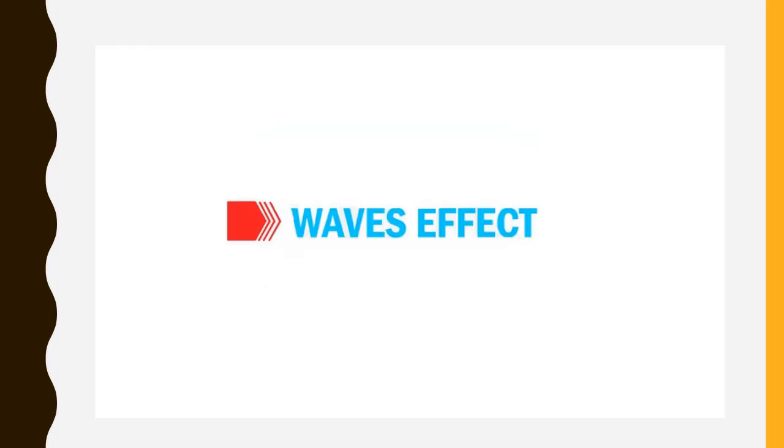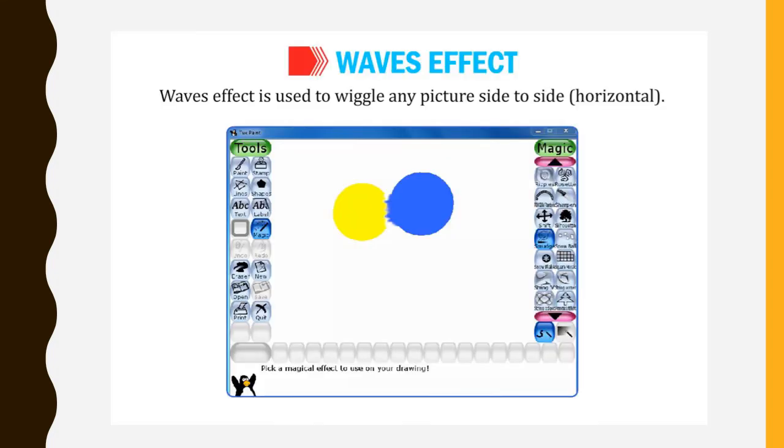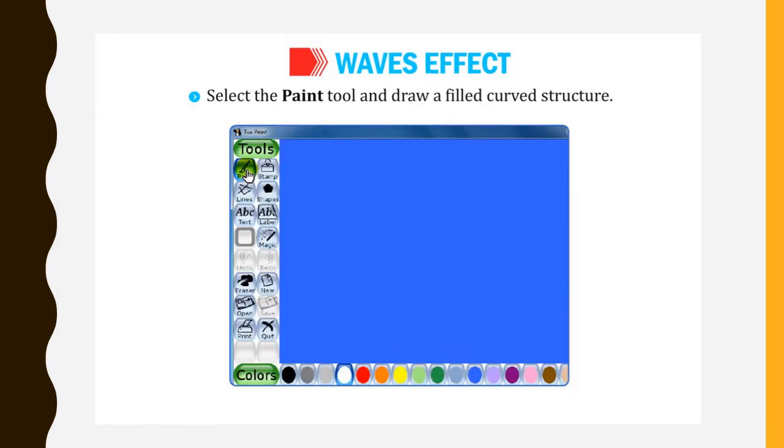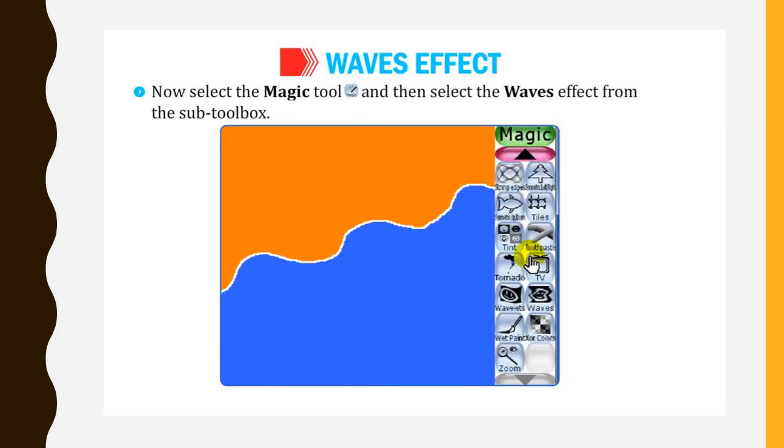Next is waves effect. Waves effect is used to wiggle any picture side to side, that is horizontal. Let us use this effect. Open a new file with blue background. Select the paint tool and draw a filled curved structure as shown in the figure.